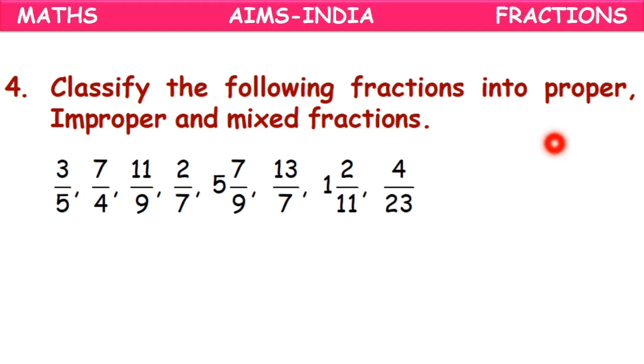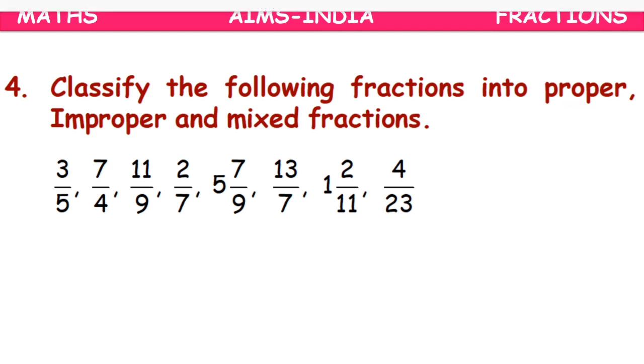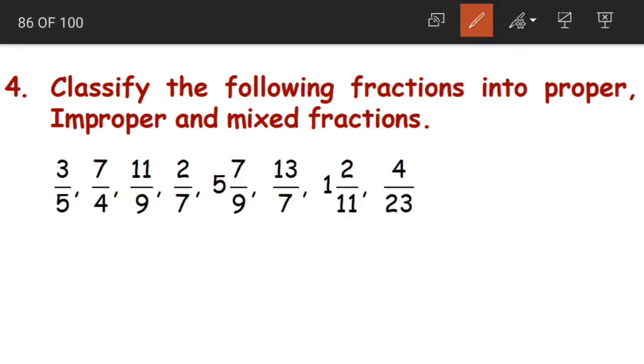Next, classify the following fractions into proper, improper and mixed fractions. Do you remember what are these proper, improper and mixed fractions? Proper fractions are those where the numerator is less than the denominator. Improper fractions are those when the numerator is greater than the denominator.